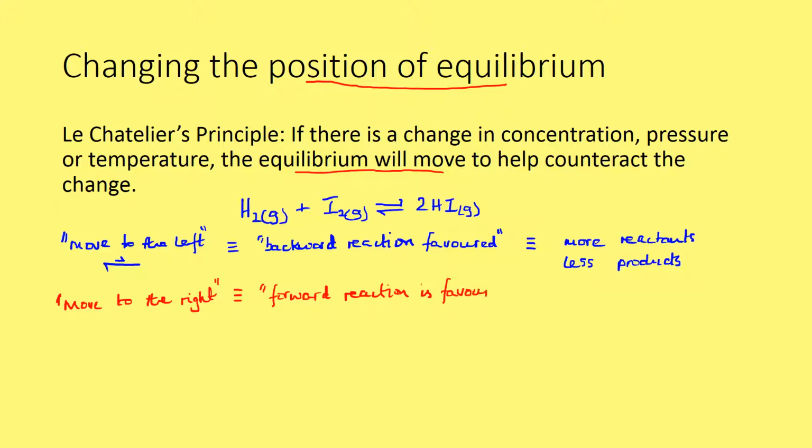And in terms of reactants and products, then of course you're going to have less reactants. They're going to react more. And when they react more, you're going to get more products. So that's what we mean by the position of equilibrium and the equilibrium moving either left or right to help counteract the change.